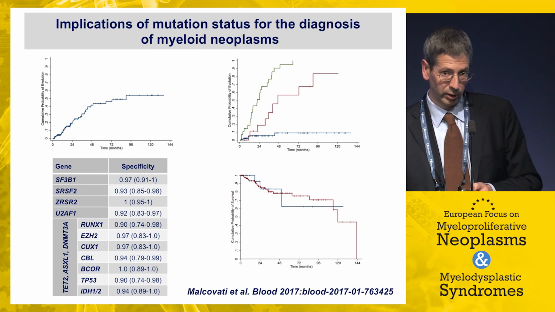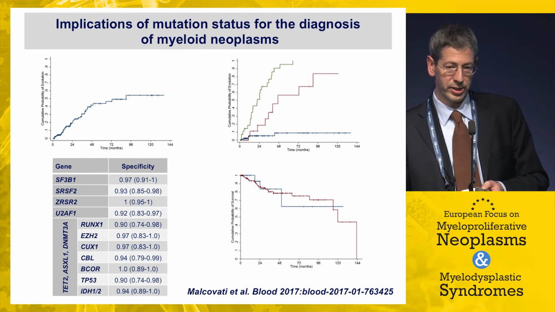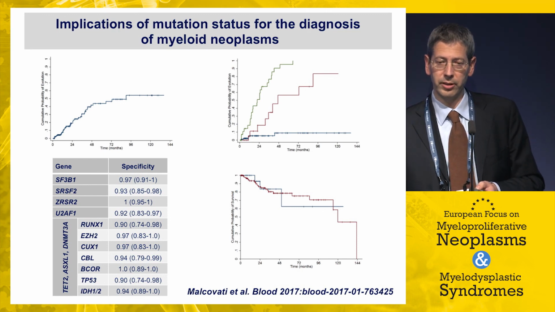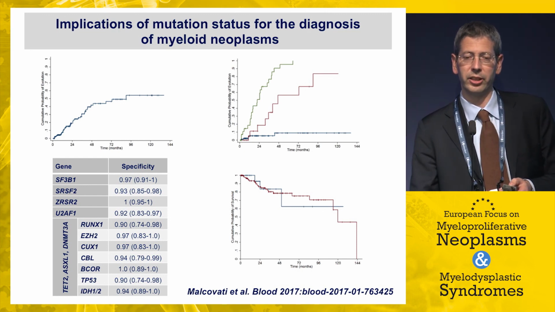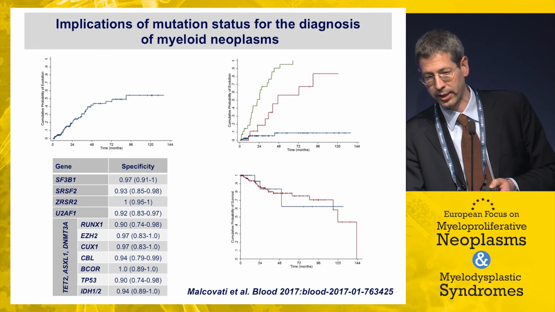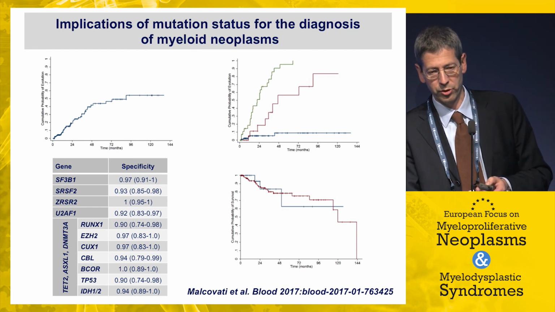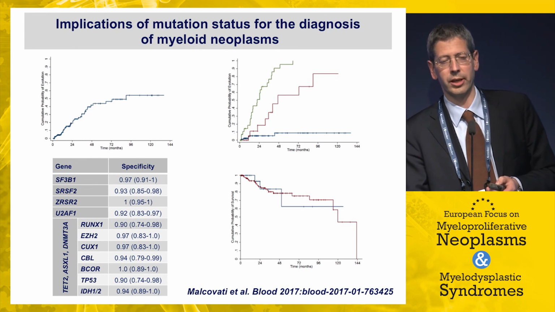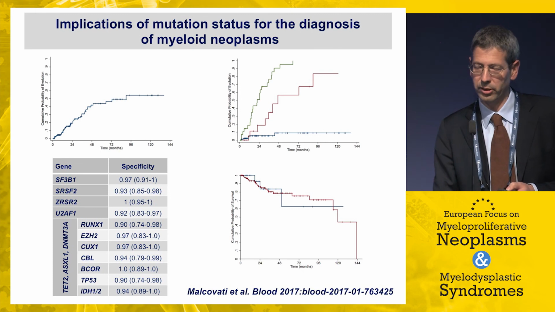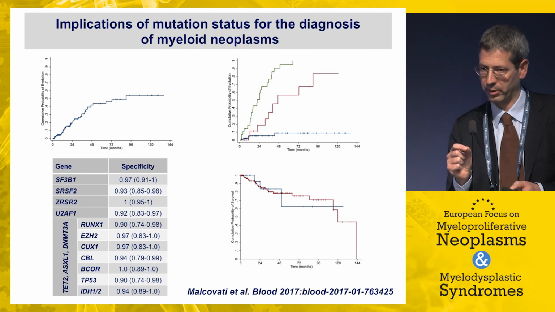But if we look at this risk according to the mutation status, we found that this probability is significantly higher in patients carrying mutations, and we were able to recognize a subset of these mutations, including splicing factors, with a co-mutation pattern of TET2, DNMT3A, and ASXL1 that were highly specific for MDS.